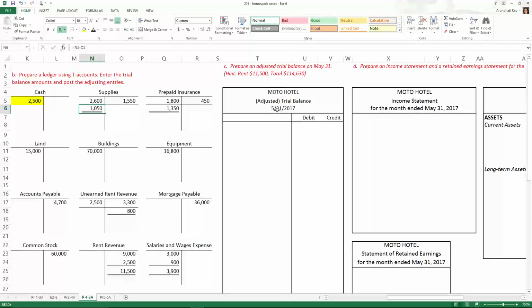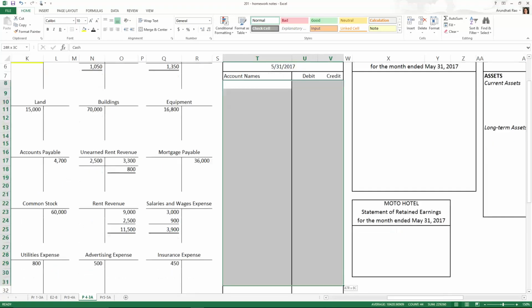The adjusted trial balance essentially is the same as the trial balance with all the new updated balances. So I'll go through the process of identifying all the accounts that are there. Okay, so I'll bring in all the accounts. Of course, they have to be non-zero balance, otherwise I don't bother bringing them over.